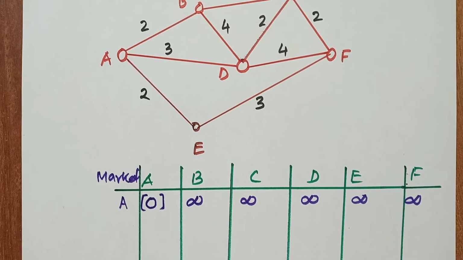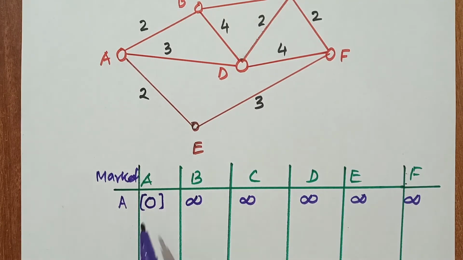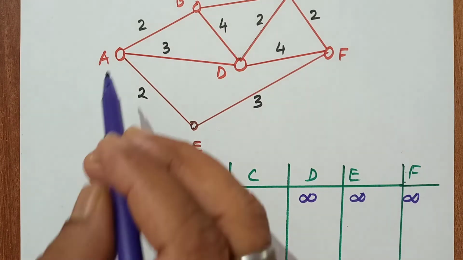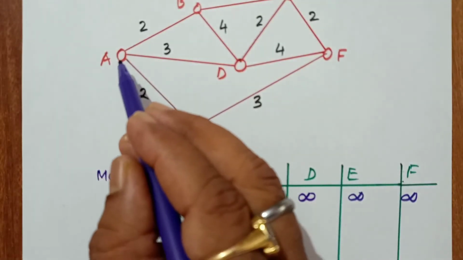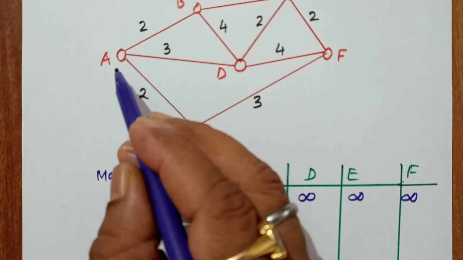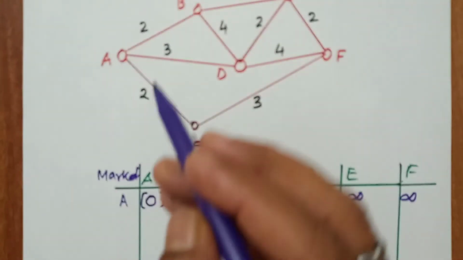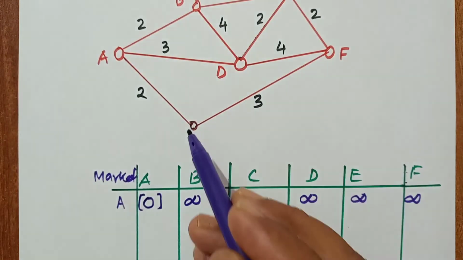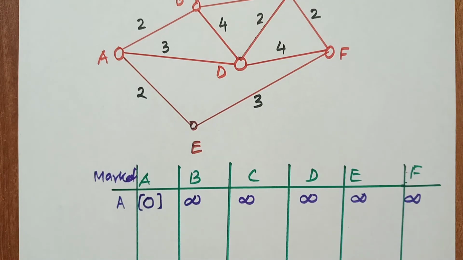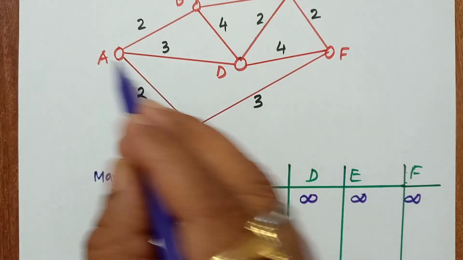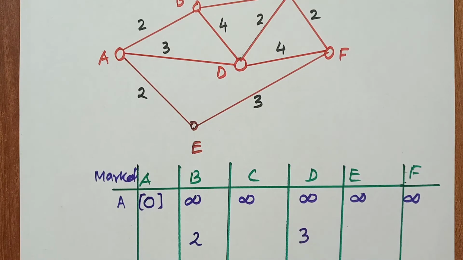Okay, so now you concentrate on A, this vertex. How many vertices are directly connected to A? There are B, D and E. So in the next step you write A to B: 0 plus 2, 2; D: 0 plus 3, 3; and E: 0 plus 2, 2.